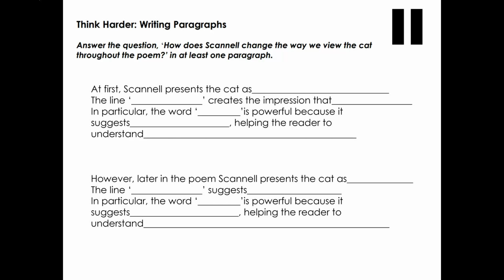After that, you go on to say, how then does Scannell change the way we view the cat later in the poem? So, however, later in the poem, Scannell presents the cat as what? Again, choosing your quotation and what impression that creates and zooming in on keywords. You should be using here the skills that you've worked on throughout the whole of this unit to help you.